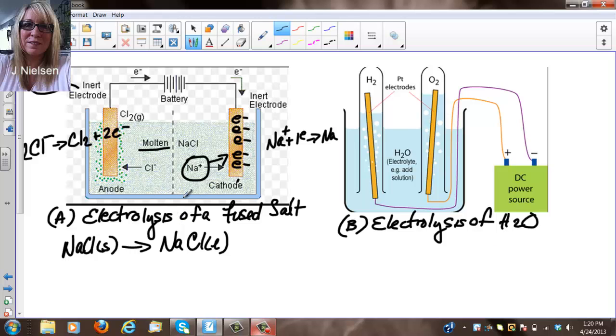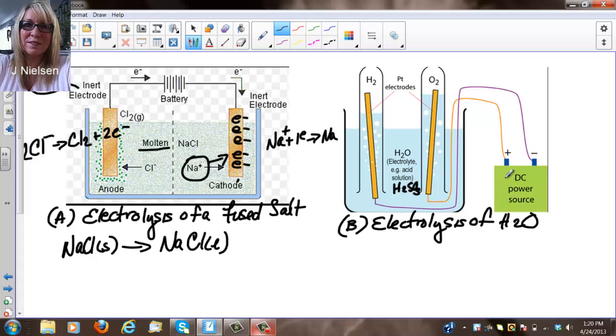We can also do the electrolysis of water. And here you have a beaker of water, and there's usually maybe some H2SO3 in here, a weak acid. And again, these are your 2 platinum non-reactive electrodes. We have 2 inverted test tubes, and we turn on the power source, which supplies an electric current.